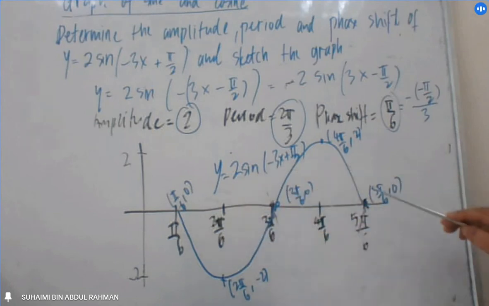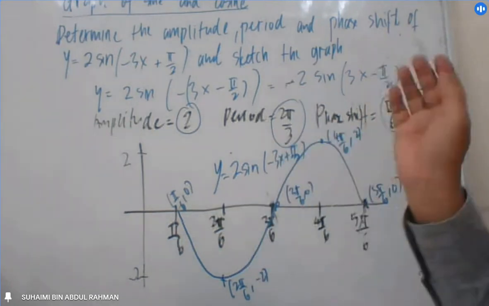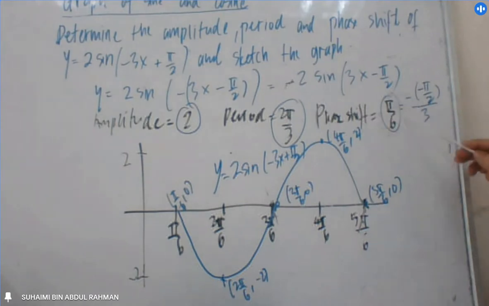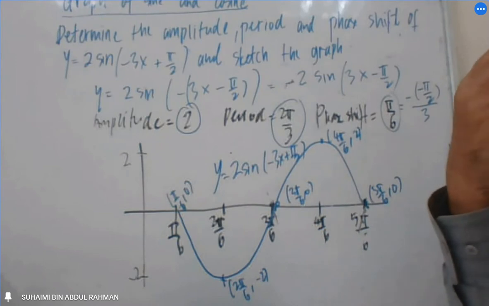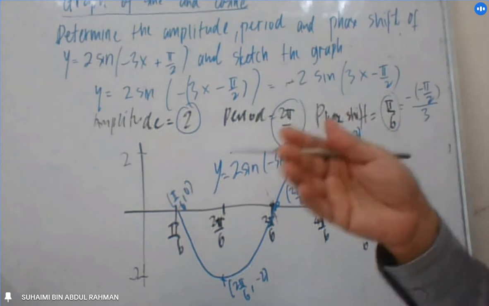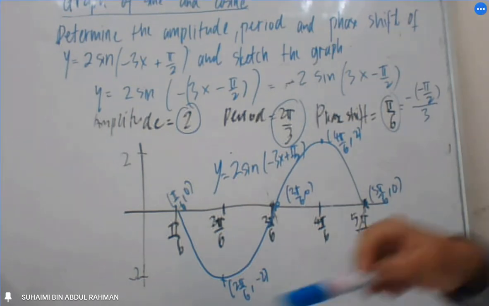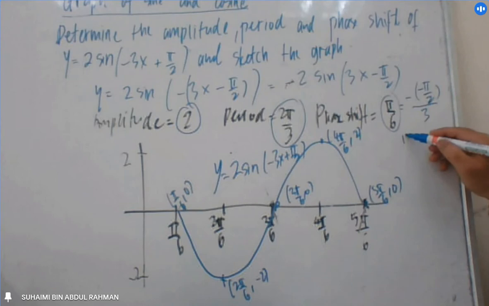And where will it stop? If the graph starts at pi over 6, where is it going to stop? Pi over 6 plus period. Pi over 6, you plus with the period.